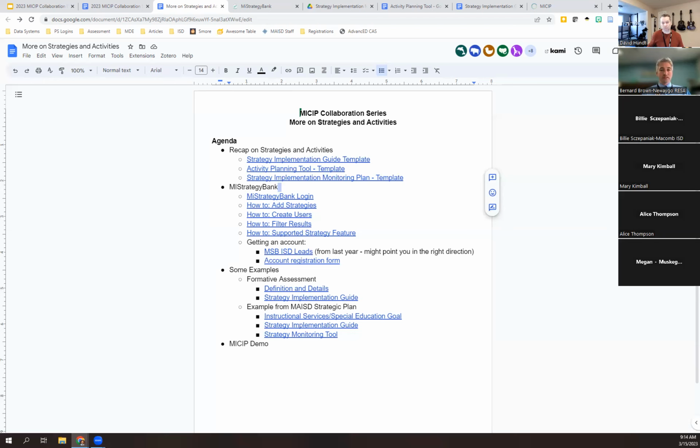And my superintendent's like, well, let's narrow it down by that. We did that, and only 35. When I did it, it was like over hundreds. And I know we're adding them as districts. So I didn't know, is the My Strategy Bank going to start pushing us to actually put some evidence-based work into that process?